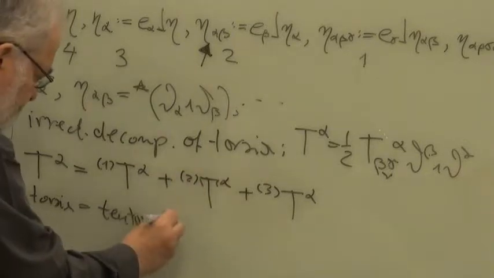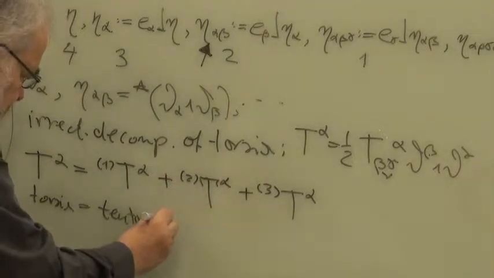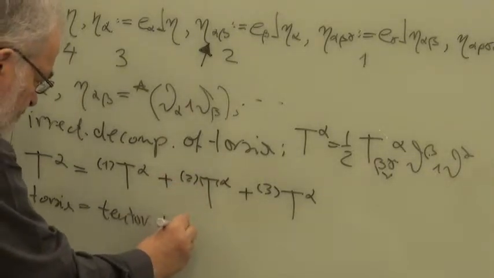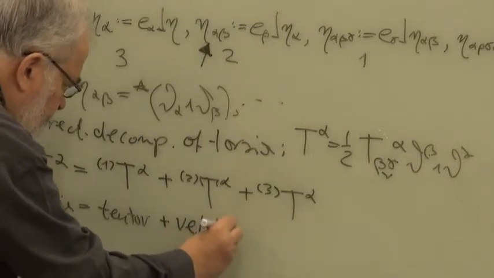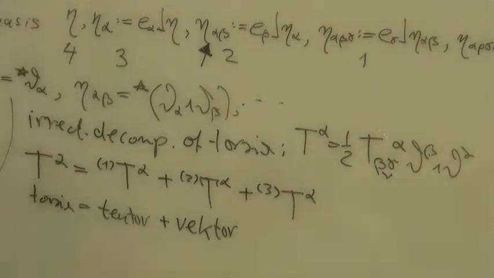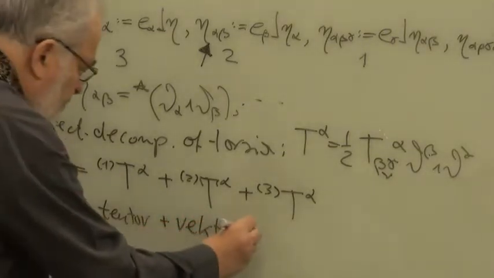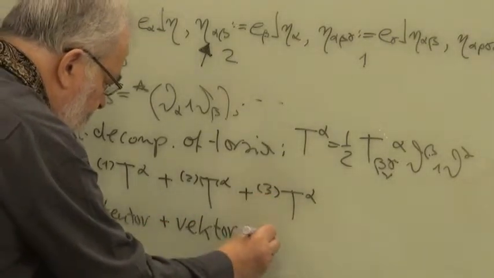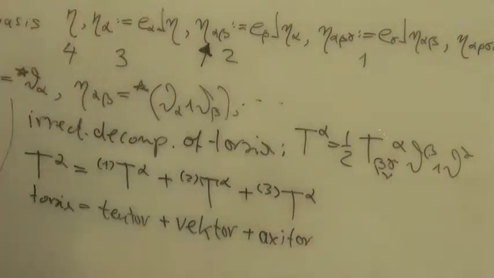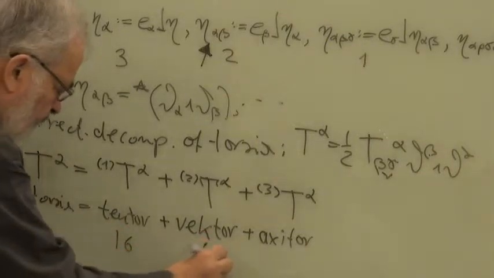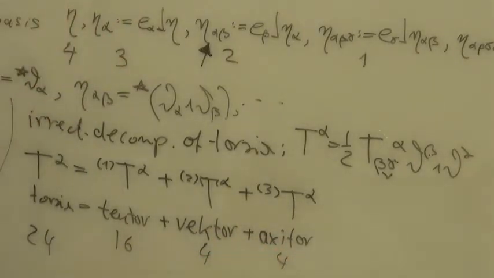This we call the trace or vector piece, trator, or vector; we write it with K in order not to confuse it with an ordinary vector. Plus the axial vector piece, axitor. These are our computer names, and these are 24 components, these are 16, these are 4, and these are 4.